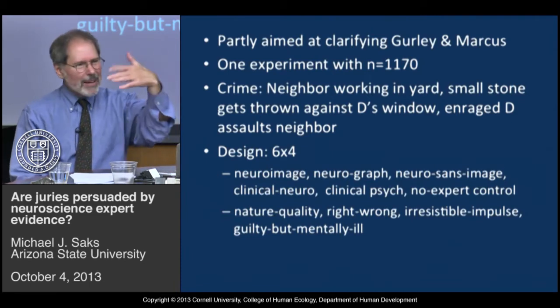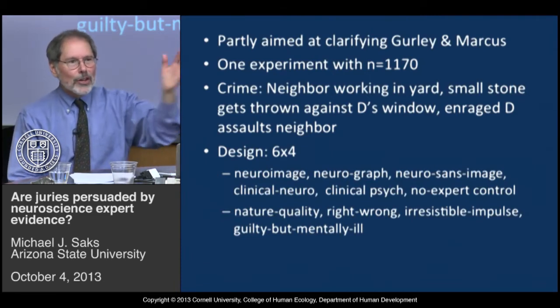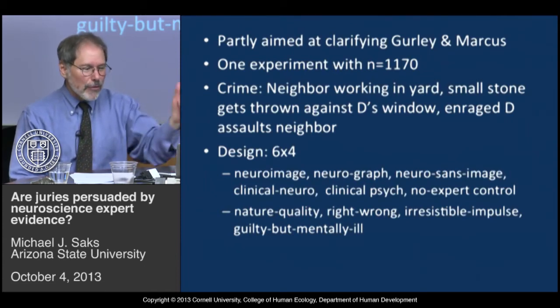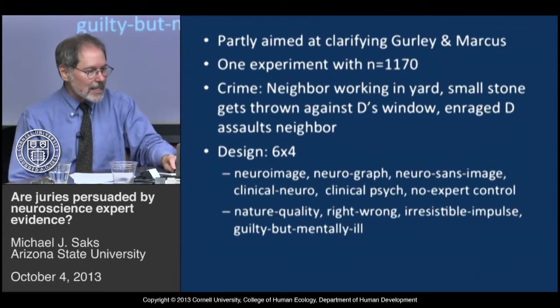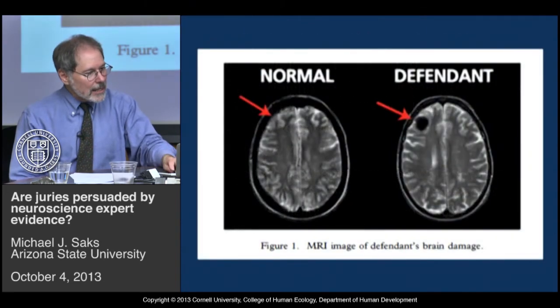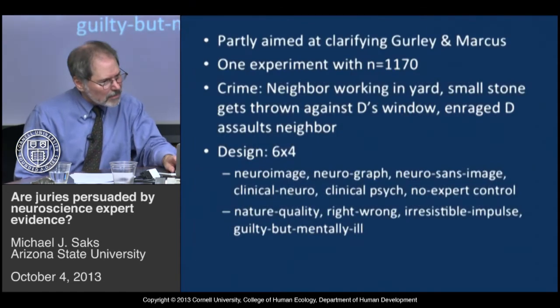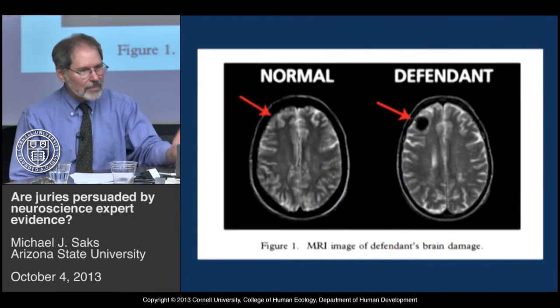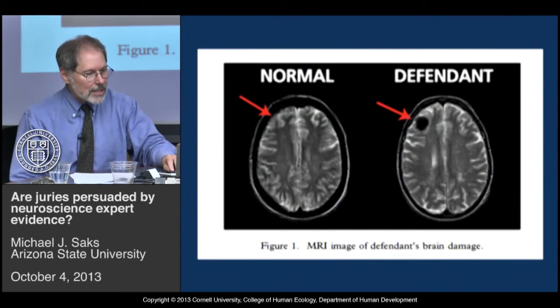We have the familiar different neuroimage and control conditions, and we've got the 4 insanity defense conditions. And we're doing physical neuroimage. It's not functional MRI. We've got our physical hole in the brain picture.